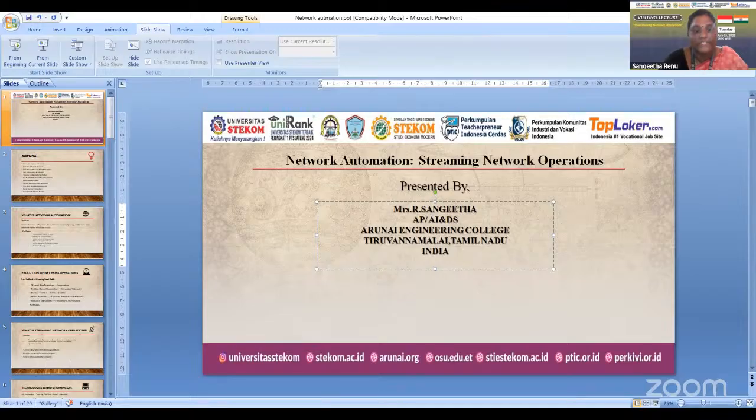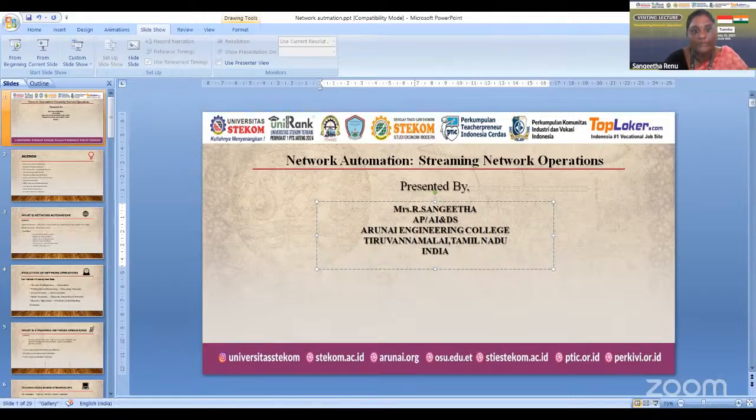Next, integration with DevOps tools: it works along with tools like Git, Jenkins, and RESTful APIs, and supports version control, testing, and automation pipelines similar to software development. Last one is scalable management, which can manage thousands of devices across data centers or cloud platforms consistently and quickly. This is critical for large-scale or hybrid infrastructures.